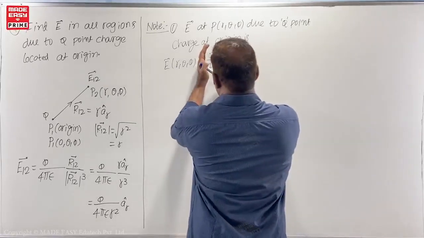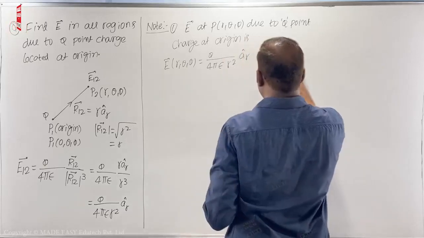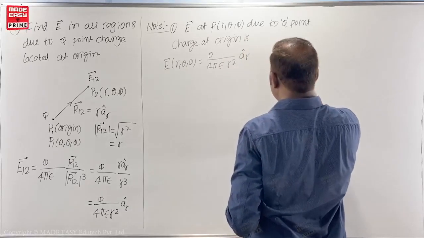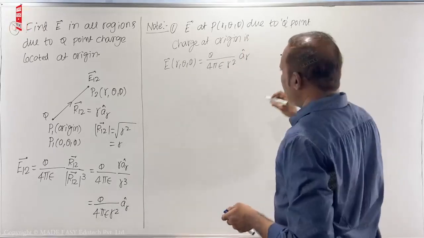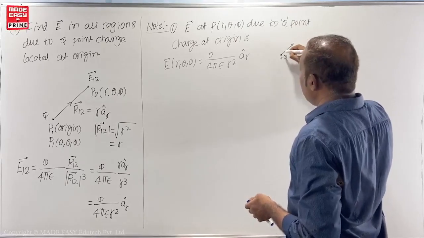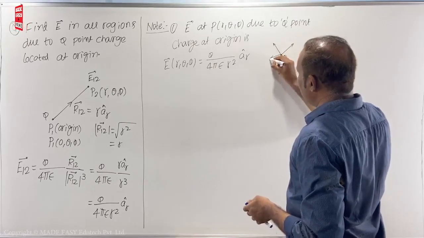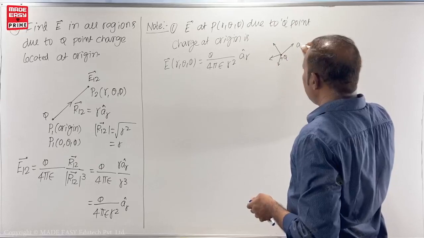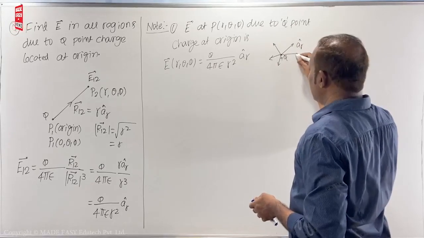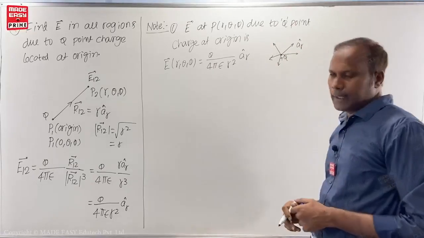This is magnitude, this is direction. If you see the direction, if there is a Q charge here, then electric field direction is aR cap, which we have already studied. It is radially outward from the point charge, or otherwise from the origin.